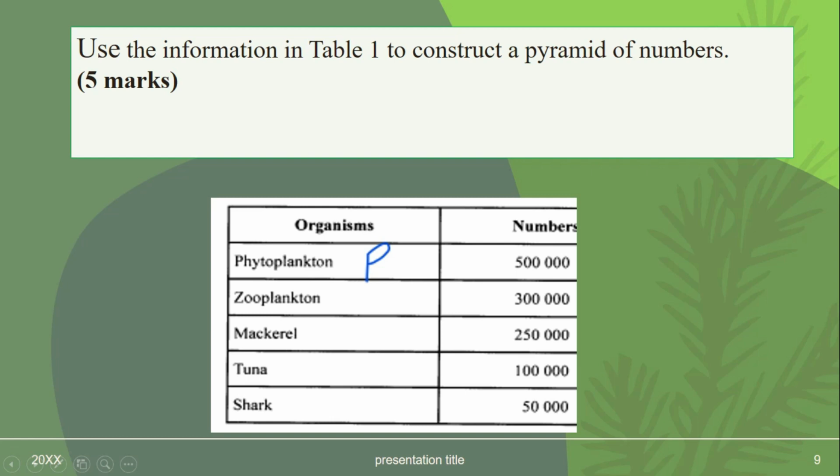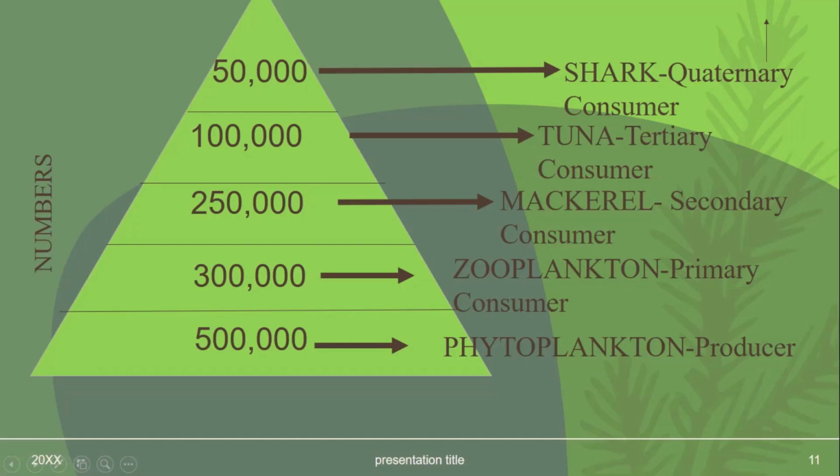The phytoplankton in the pyramid will start down at the bottom here, the broader part. So this is more. So a broader base of the pyramid down here is representing the producer, which is the phytoplankton, and then the 300 is zooplankton, and then it goes up, getting small. So from large to small.